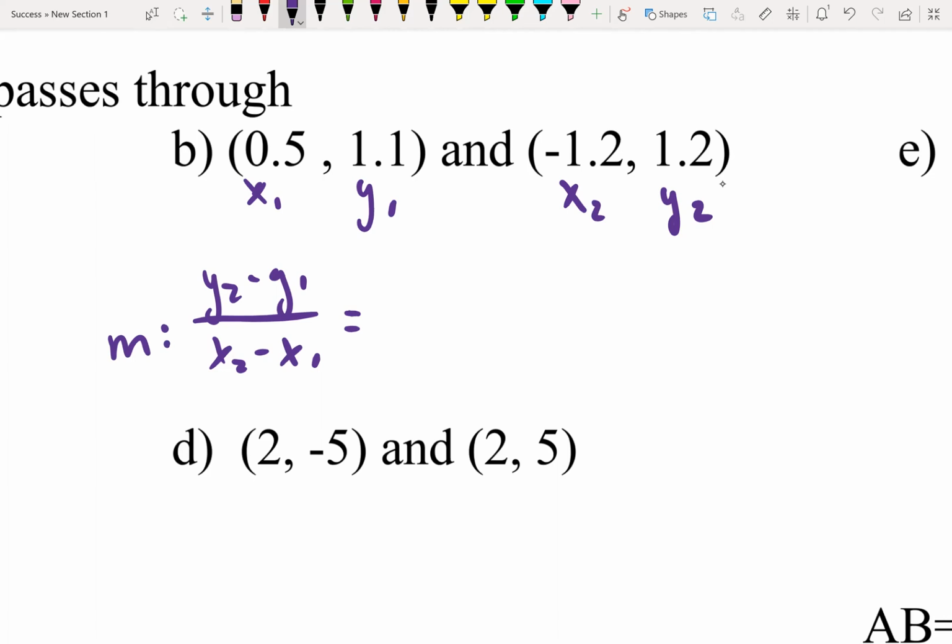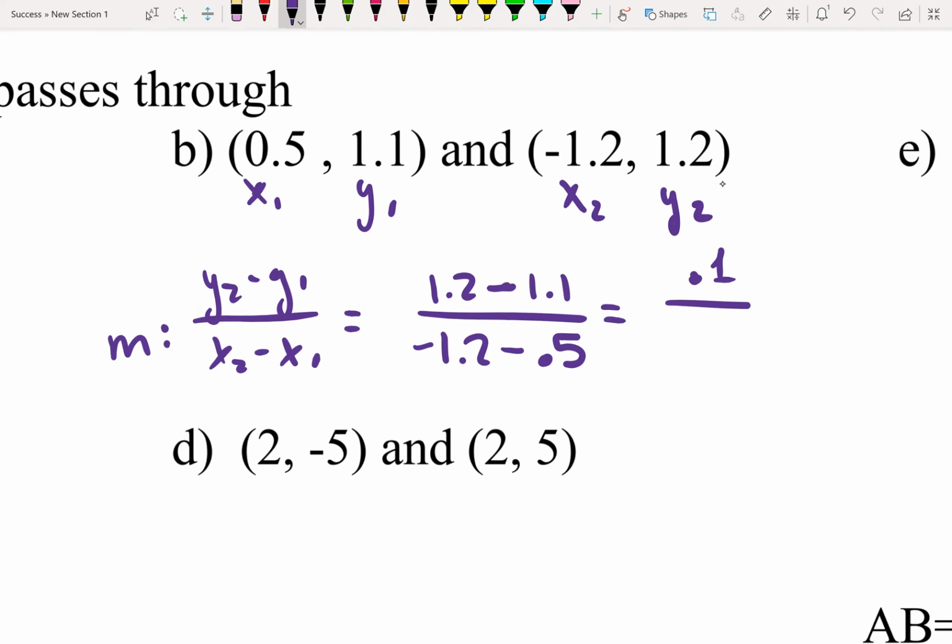So my y2 is 1.2 minus y1 is 1.1 over x2 is negative 1.2 minus 0.5. Again, we can clean up the top and the bottom just by combining our terms. So we get 0.1 on top over negative 1.7.